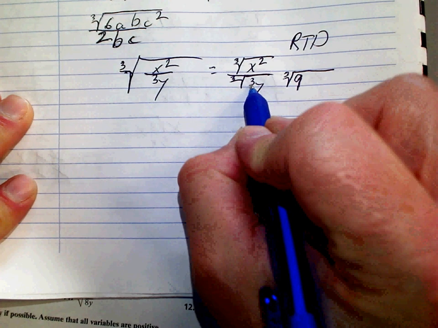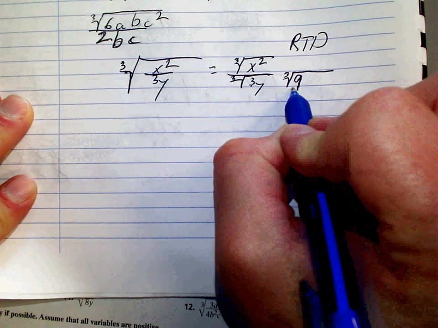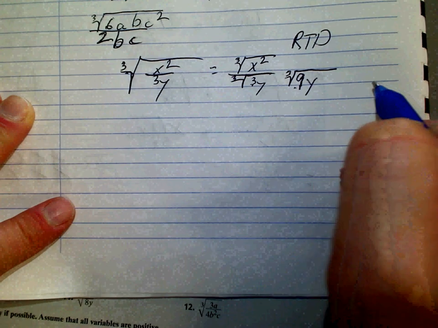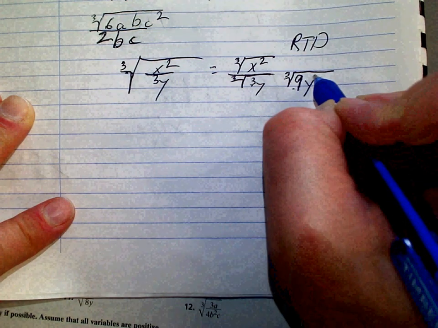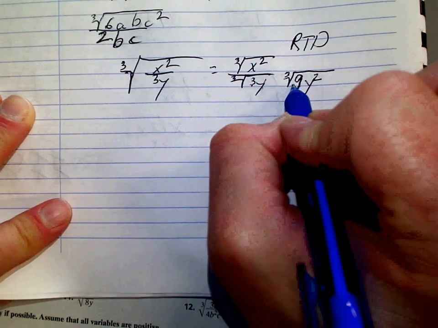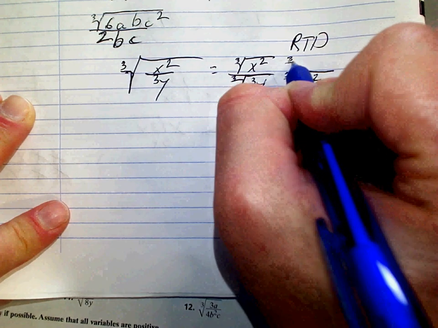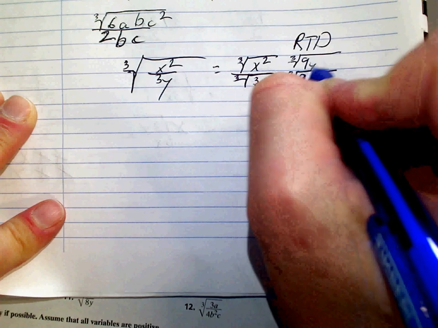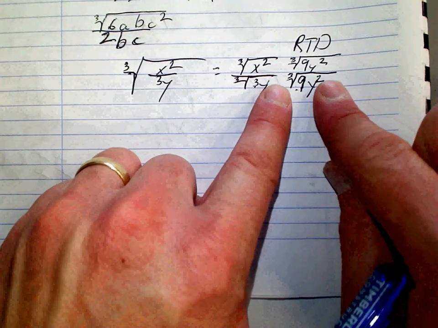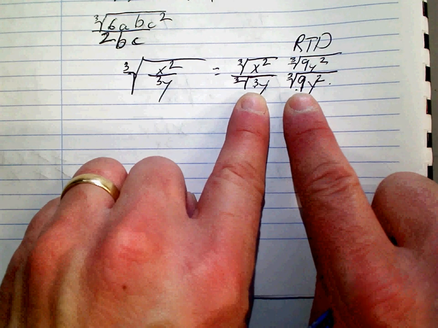What about on the y side? How many y's do I need in there? 2 more. I have 1 there and 2 there. So 9y squared. Let's do that on the top. Cube root of 9y squared. So that is rationalizing the denominator, multiplying the denominator times something that allows the radical sign to disappear.